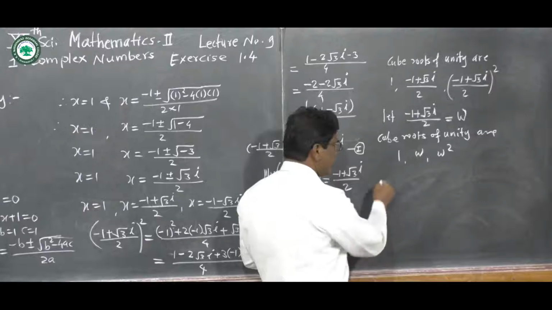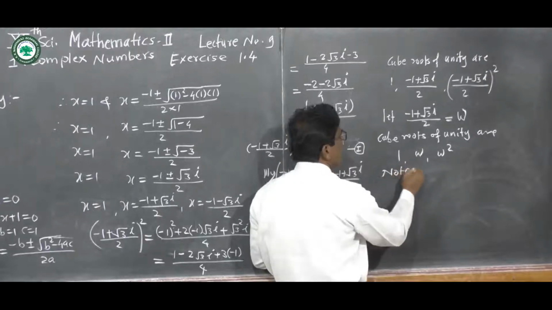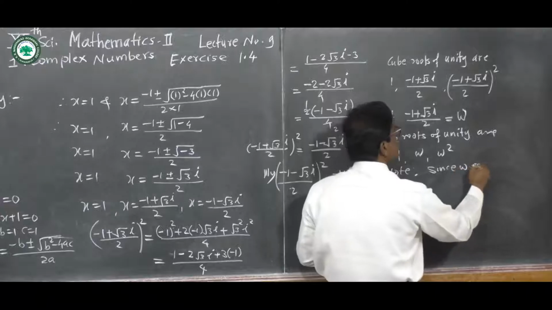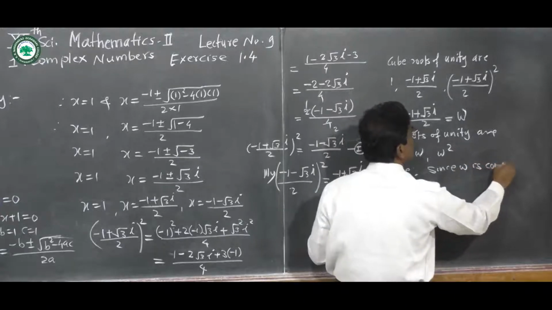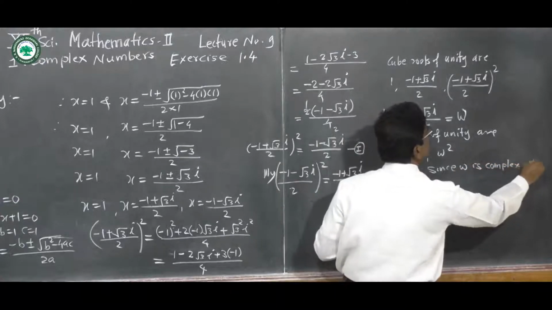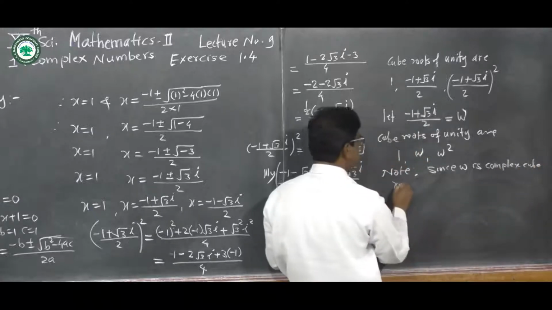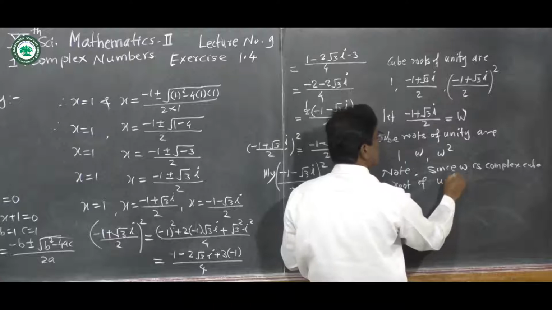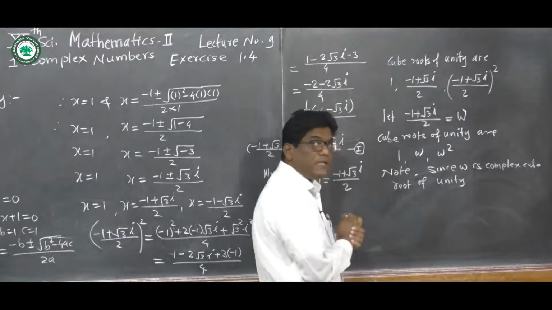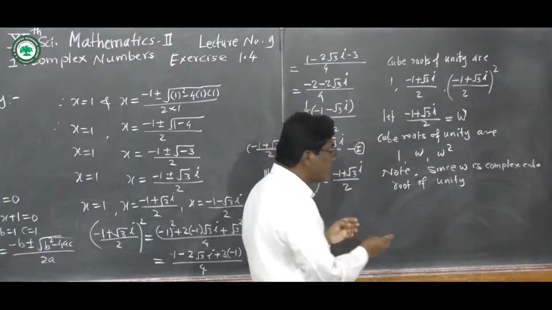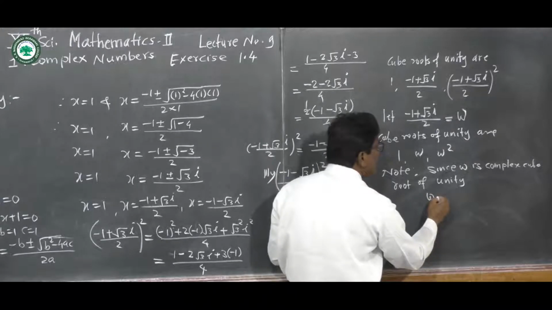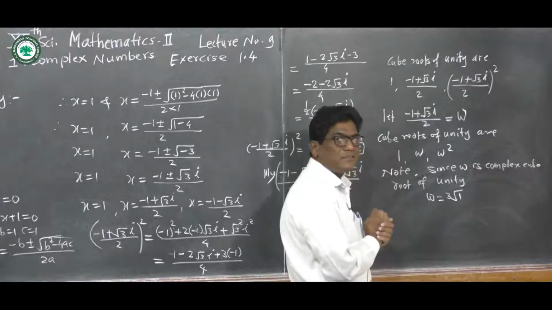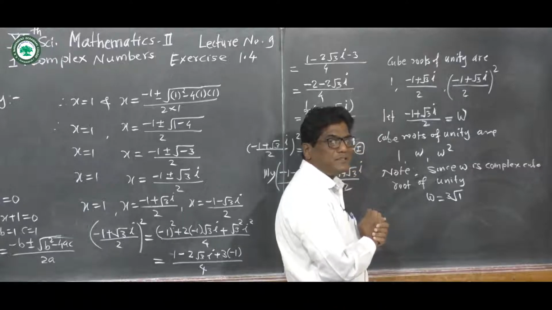Okay, so note here, since omega is a complex cube root of unity, omega is equal to the cube root of 1. Omega satisfies the equation.